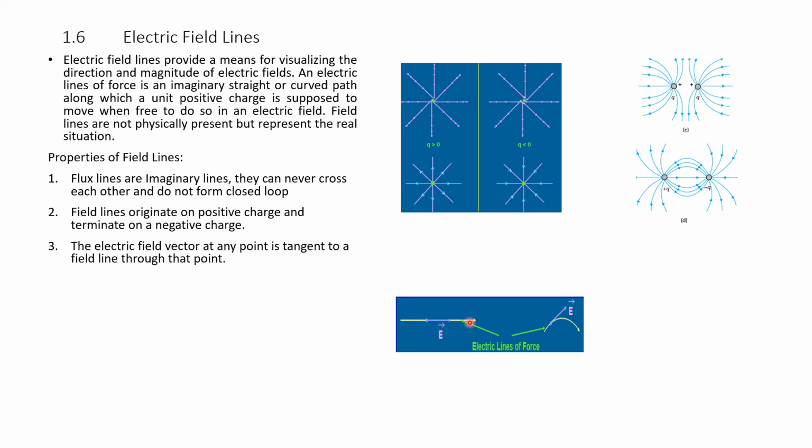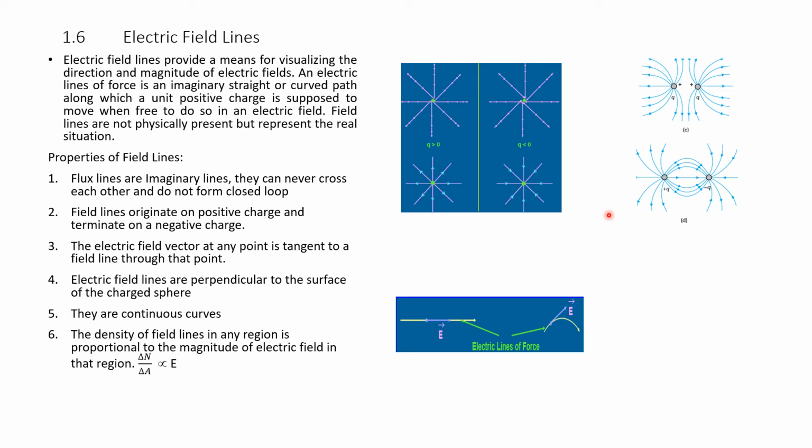So the electric field vector at any point is tangent to a field line through that point. Electric field lines are perpendicular to the surface of a charged sphere. They are continuous curves.